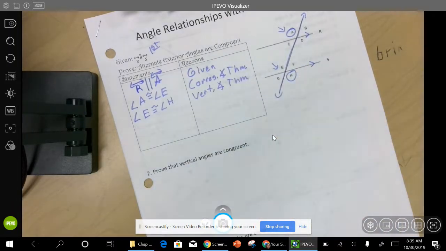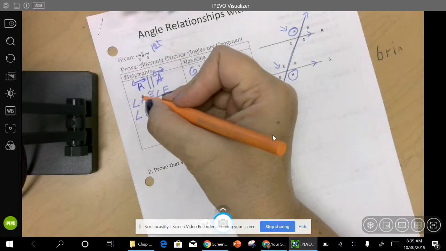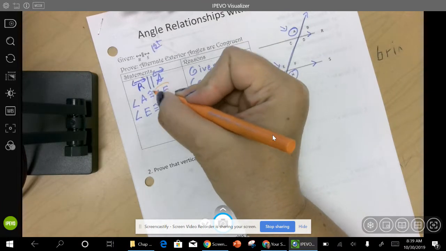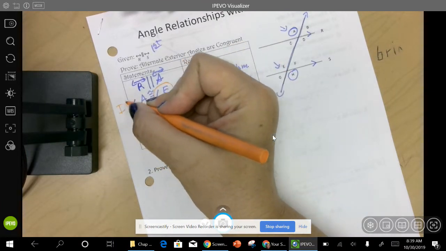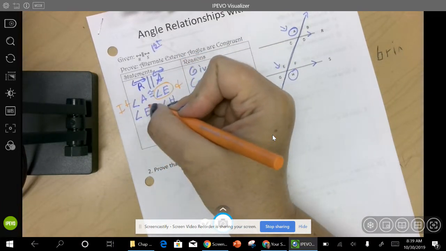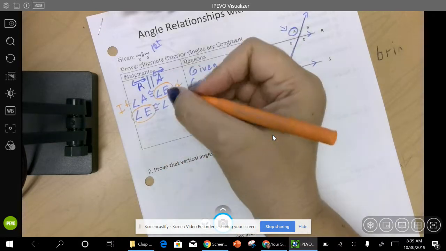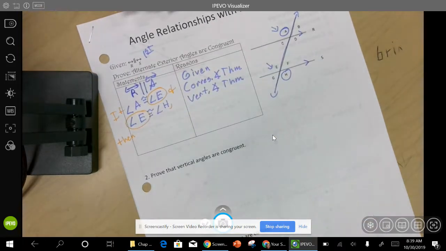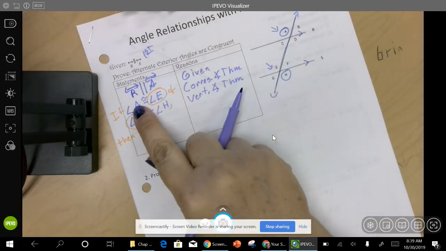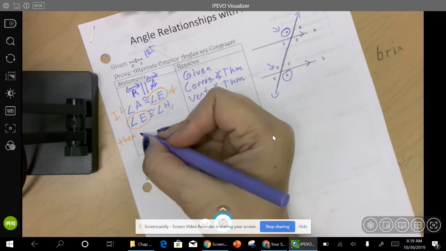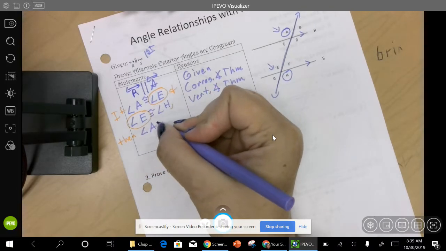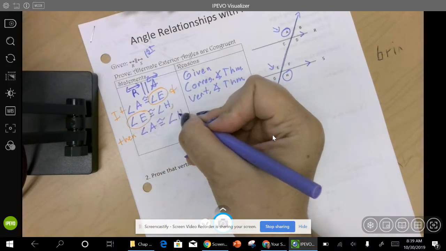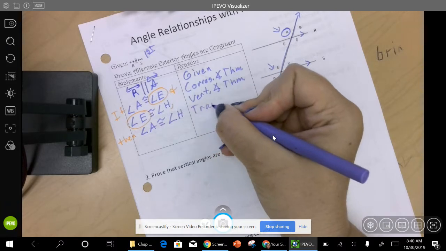Now we know angle A is congruent to angle E, and angle E is also congruent to angle H. So then angle A is congruent to angle H by our transitive property.